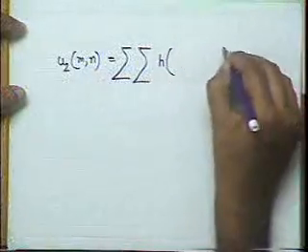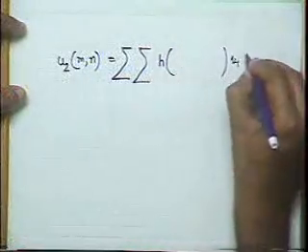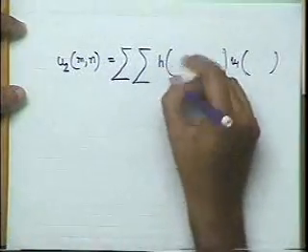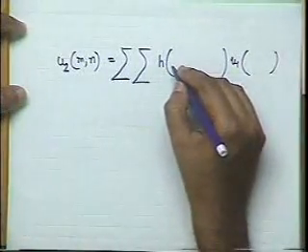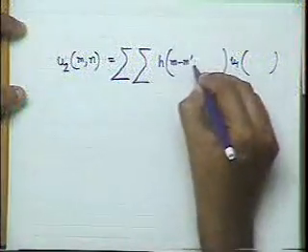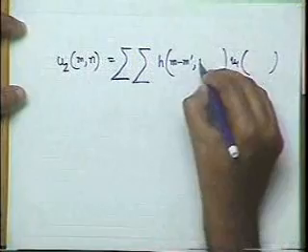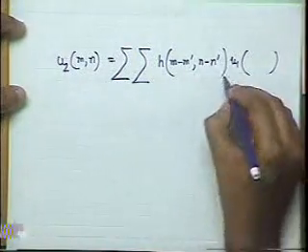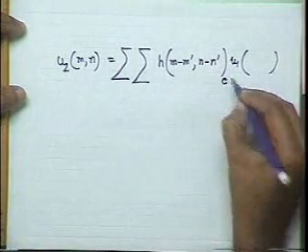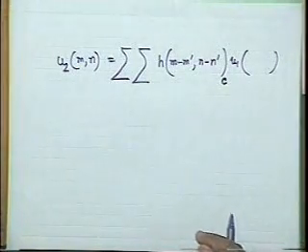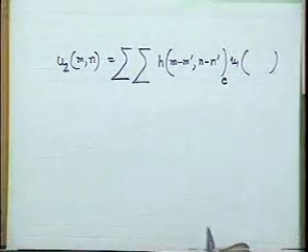We take not the signal h of mn, rather we take h of m minus m prime, comma n minus n prime, and I put a symbol C over here because I was calling it circular. Till now I haven't defined what that circularity means, and for u1 I have indices, instead of mn, I am writing the indices as m prime n prime.